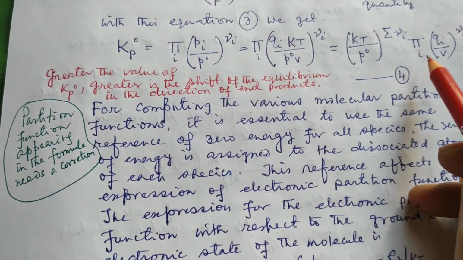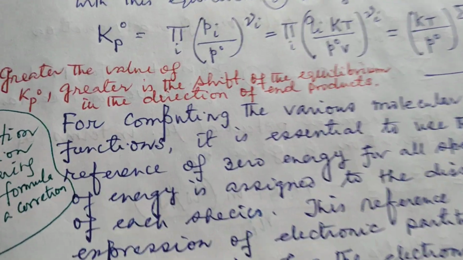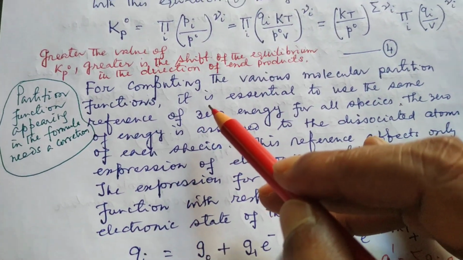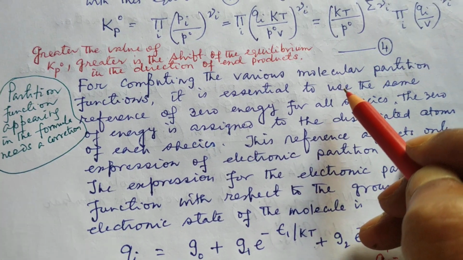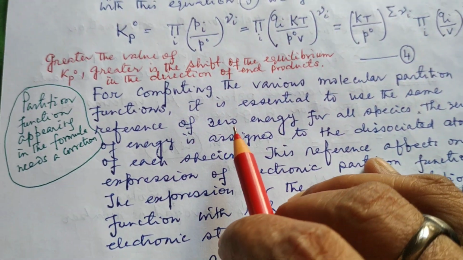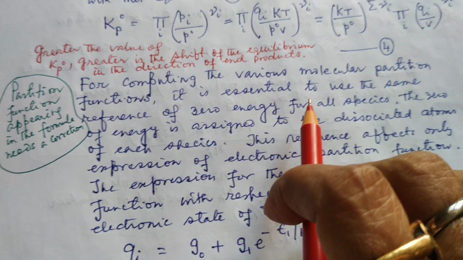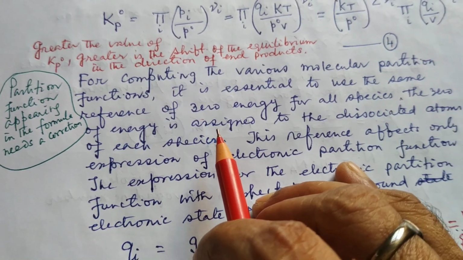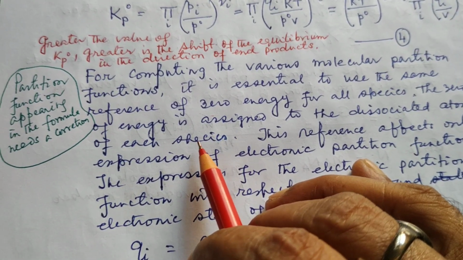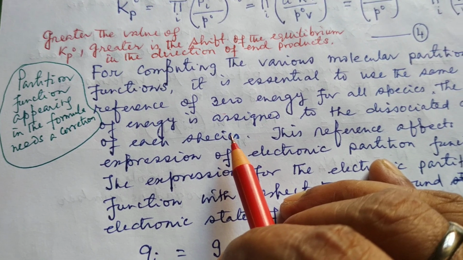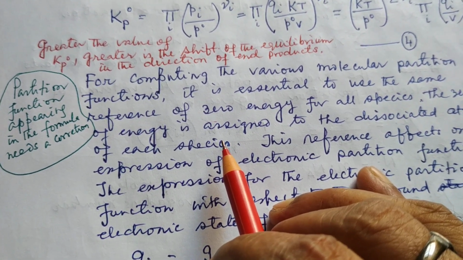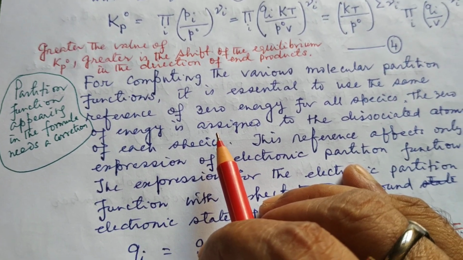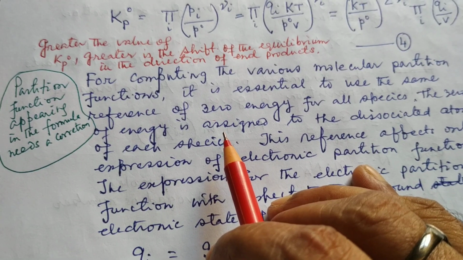needs a correction. Now why is the correction needed? For computing the various molecular partition functions, it is essential to use the same reference of zero energy for all species involved in the reaction.